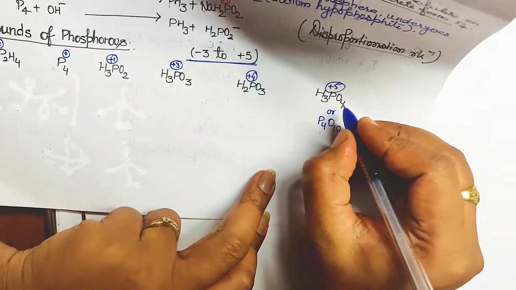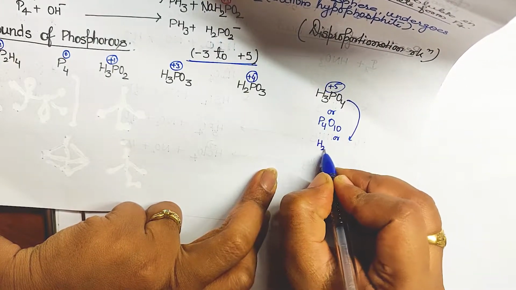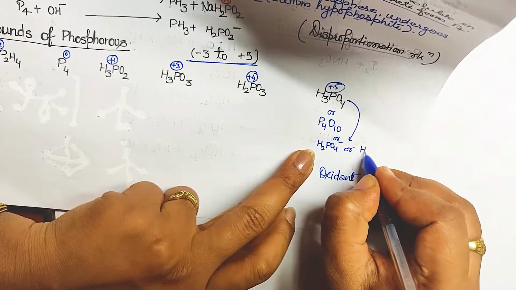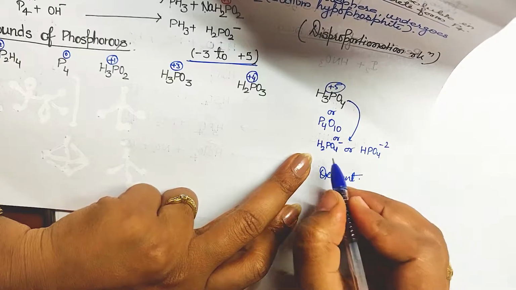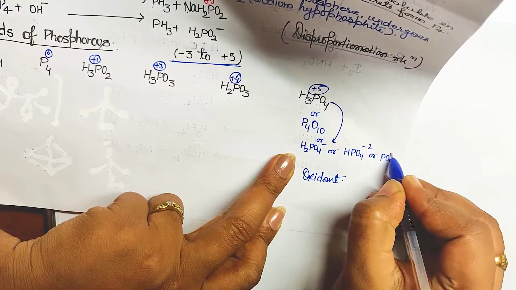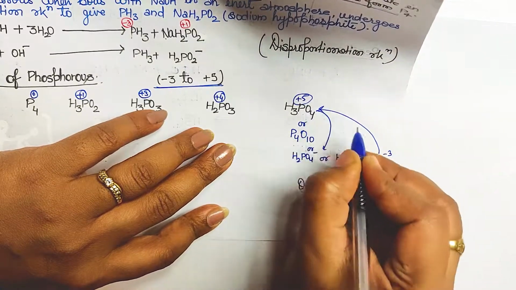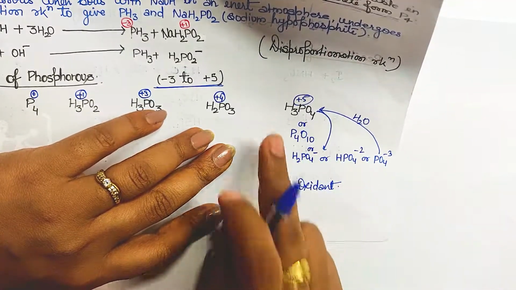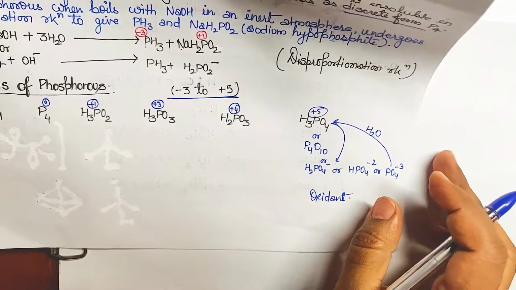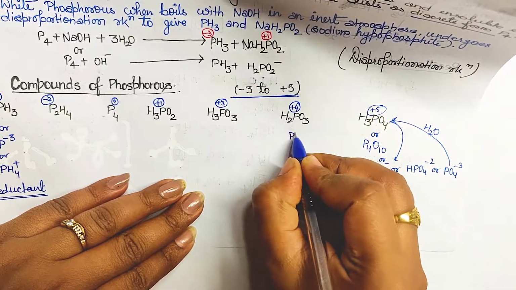In ion form it can be written as H2PO4 minus, or HPO4 minus 2, removing one hydrogen and putting the charge there, or PO4 minus 3. So if the phosphate ion undergoes hydrolysis, it will give you this. Yes, this is known as hypophosphoric acid. And this one is phosphoric acid.